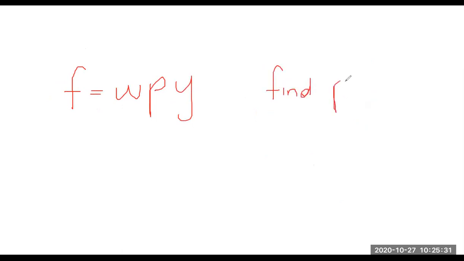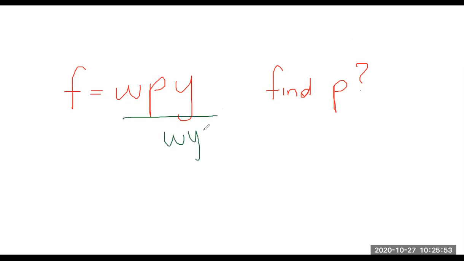Let's look at this question. F is equal to WPY. And the question says find P. So since F is equal to WPY and I need to find P, I need to get rid of that W and Y, right? Because I need P to be by itself. So in order to do that, I need to divide by W and Y. I'm just going to do it together.